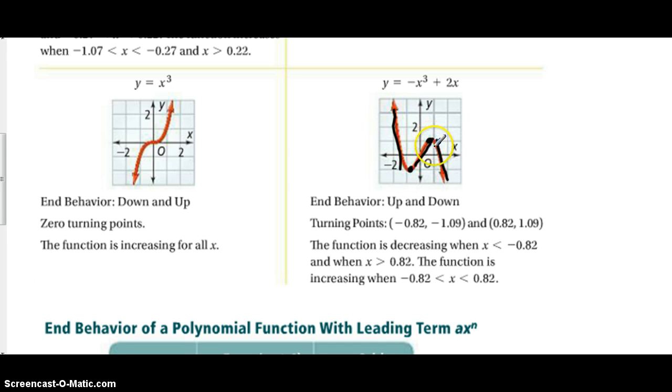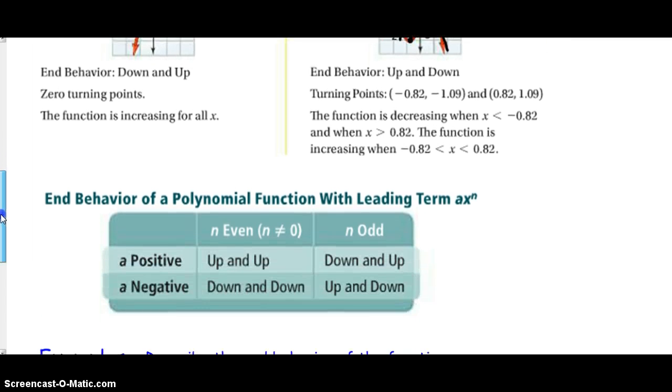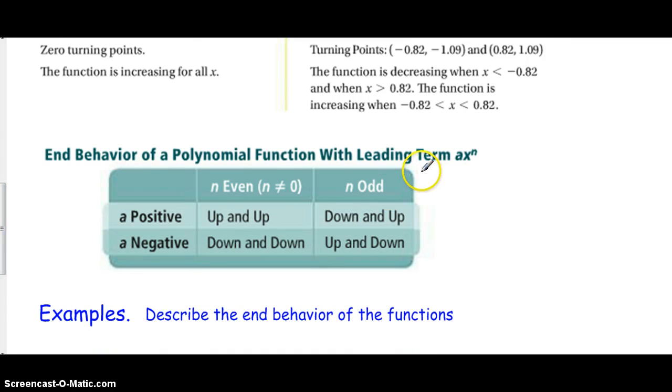It's going to be decreasing still when x is greater than 0.82. And here is just the part where it is increasing from negative 0.82 to 0.82. We have to describe those and their coordinates. I know that's a lot to think about. Thank goodness we have a little chart that we should probably put down in our Cornell notes.